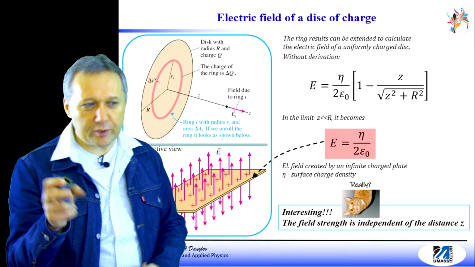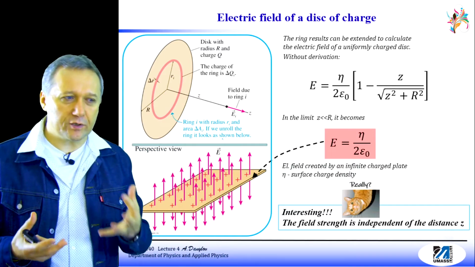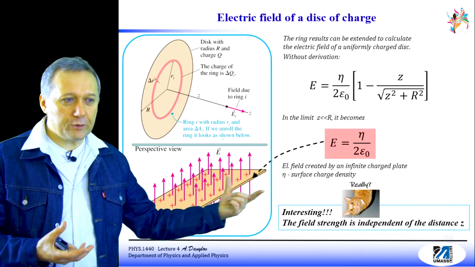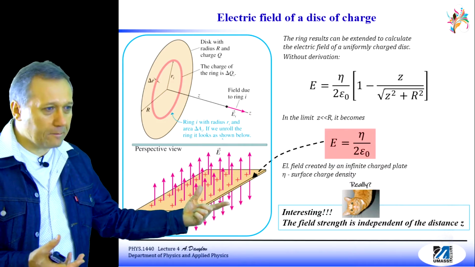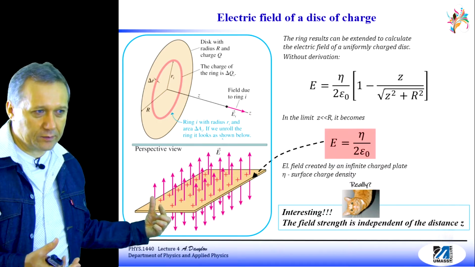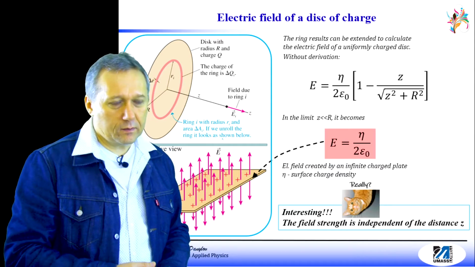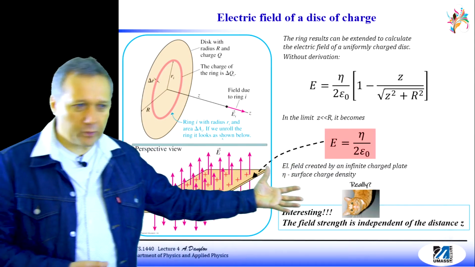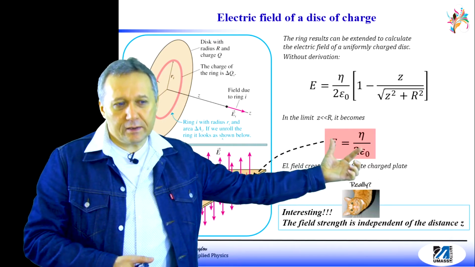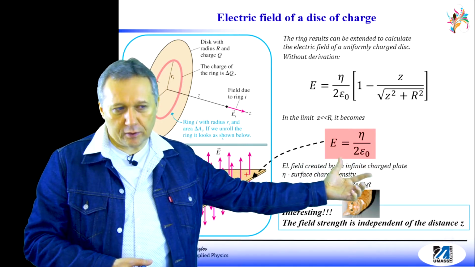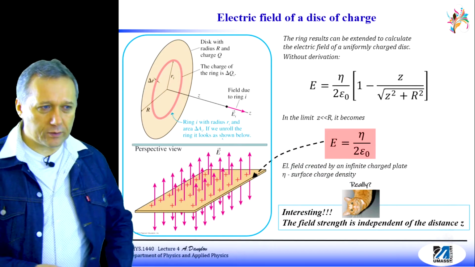Again, in the previous class, we introduced all these densities. Surface charge density, if you take, for example, on this surface a patch 1 meter by 1 meter, it will be the amount of charge on that patch, I don't know, 5 coulombs per square meter. Epsilon naught is a universal constant, right?